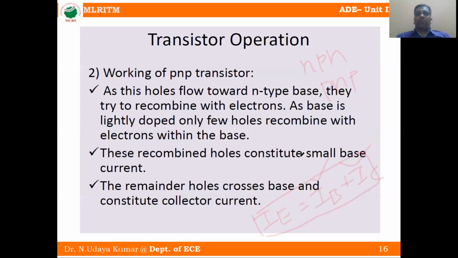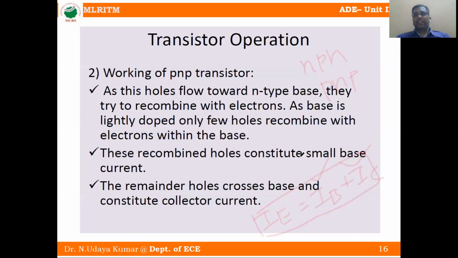And what is the operation in a transistor? For the NPN transistor and the PNP transistor, first we will see the NPN transistor. In an NPN transistor, the emitter base junction is forward biased and the collector base junction is reverse biased. The emitter base junction is also called the emitter diode, and the collector base junction is also called the collector diode.